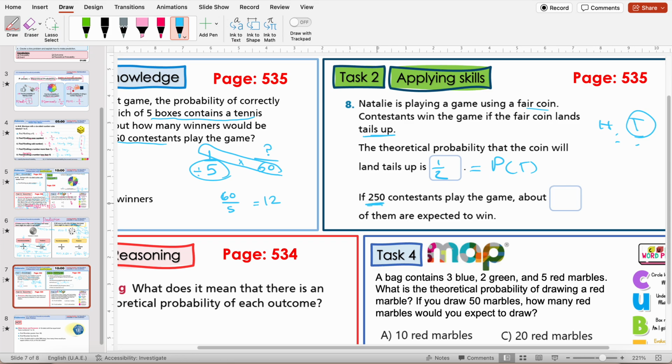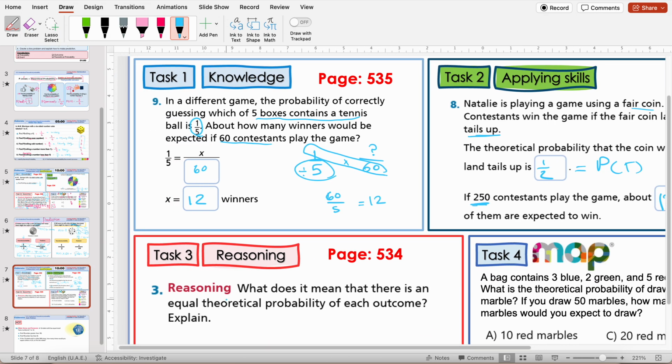If 250 contestants play the game, so 1 out of 2 for flipping the tail 1 time. How many out of 250? So just do butterfly. 1 times 250 out of 2. 250 out of 2 is basically 125. 125 of them might win.